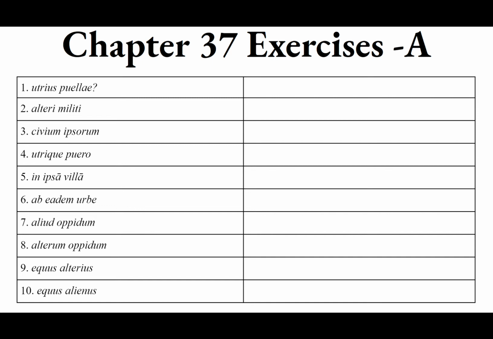So if we have ubi, that's where. Ubique means everywhere. Unde, meaning from where or whence. Undique, from everywhere, from all sides. Quis, quid, who or what, become quisque or quidque, each one, everyone.